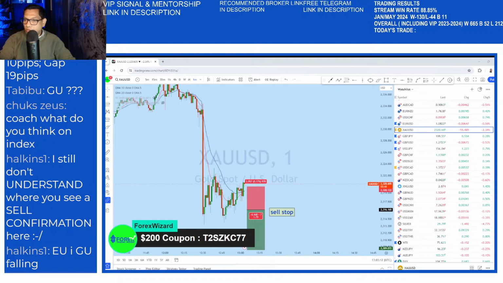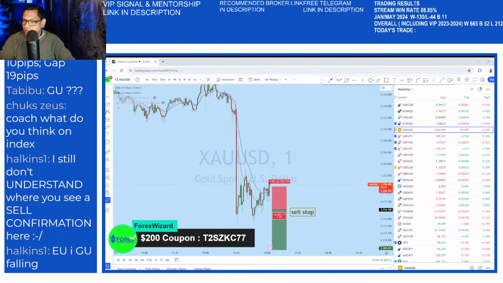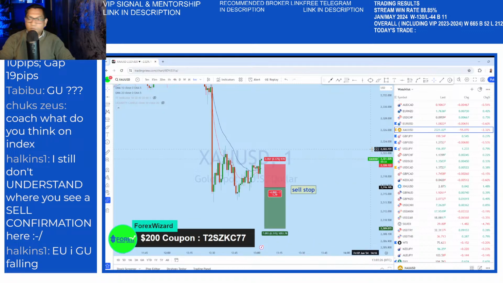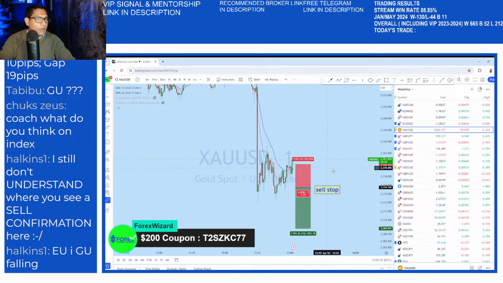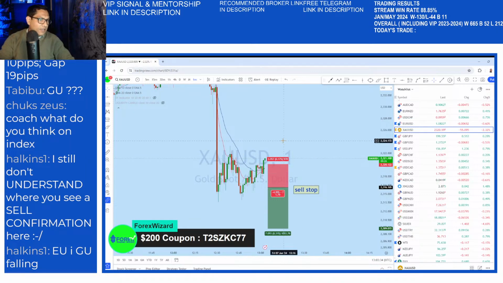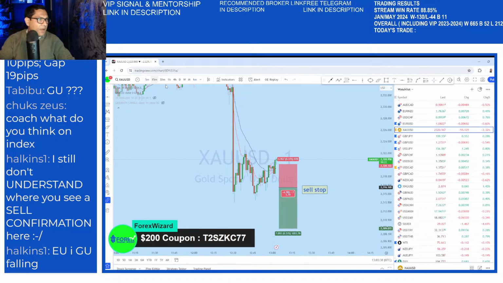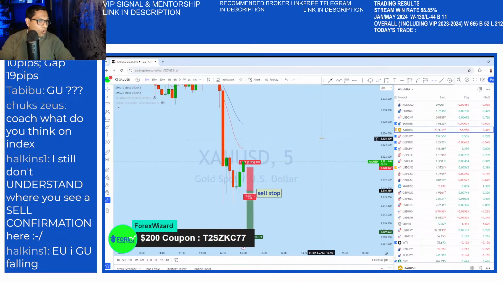I would recommend you not to be impatient. Don't just press by market. We didn't sell. We just placed the pending order. Okay, we see that there is a rejection here. This trade, the price, the market structure did not break below.